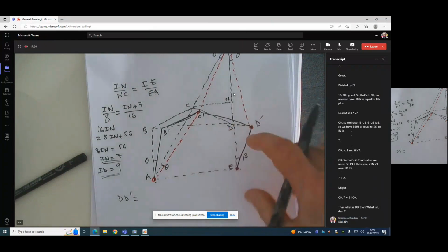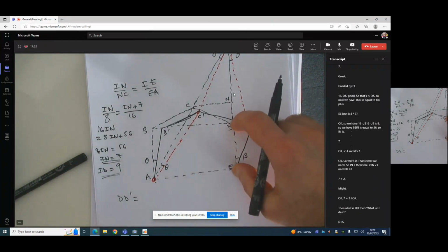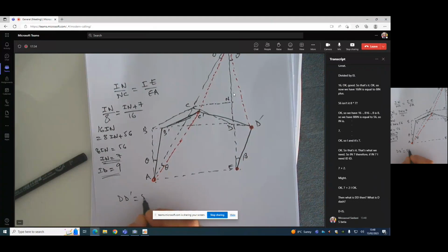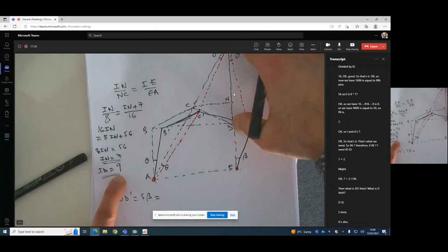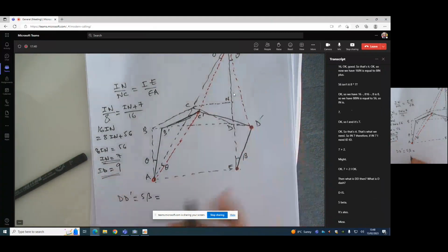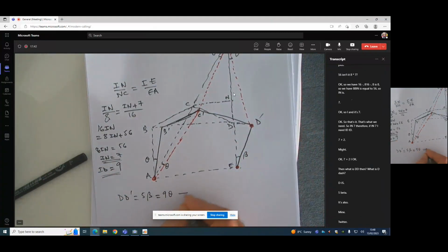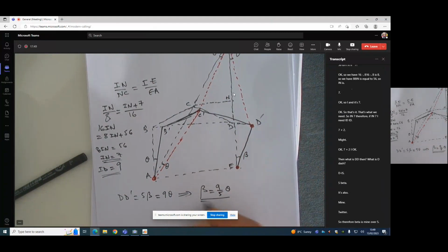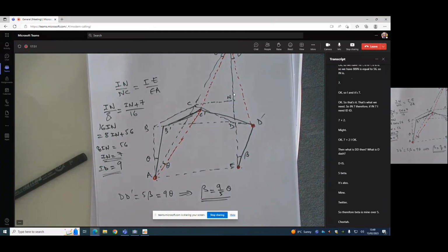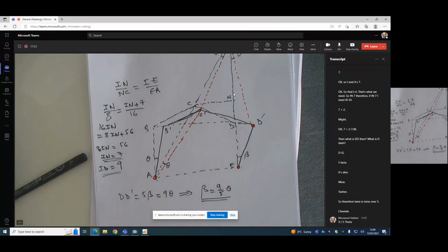DD dash is 5 beta. It's also 9 theta. So therefore, beta is 9 over 5 theta. 9 over 5 theta. Okay.